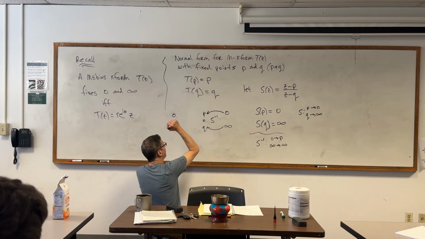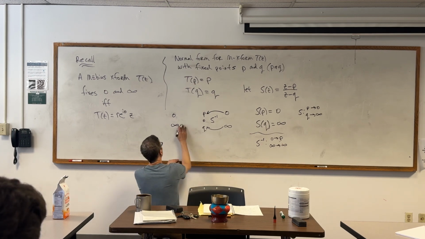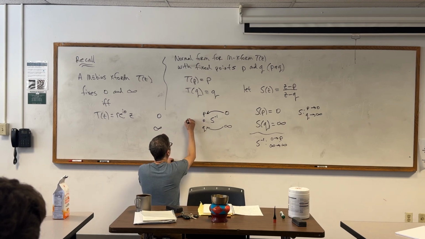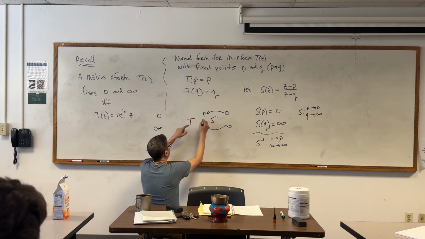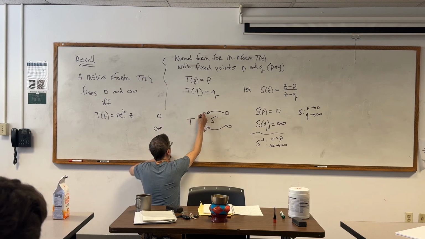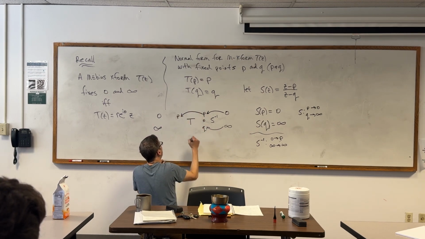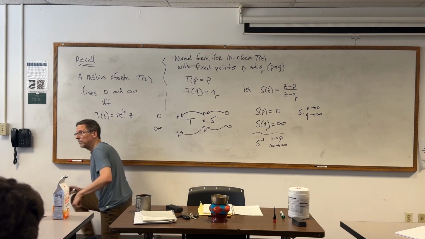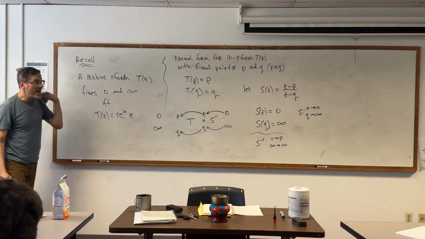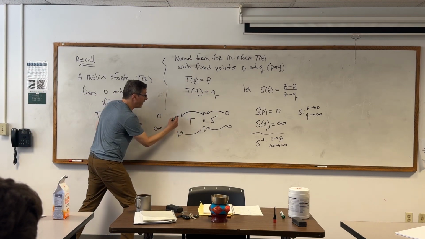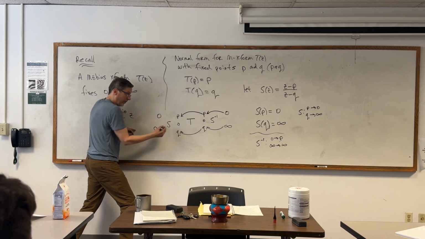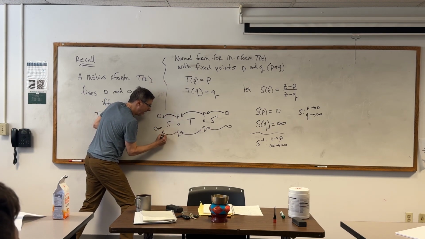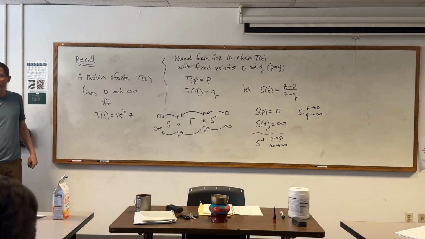And then I'm going to put a composition. In the middle, I'm going to put T, because these are the fixed points of T. So T sends P to P and Q to Q. And then I'm going to apply S, and S will take the P to 0 and the Q to infinity.